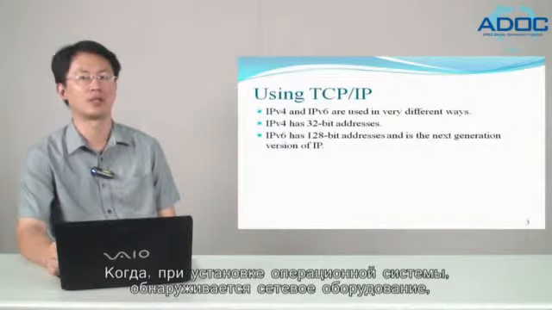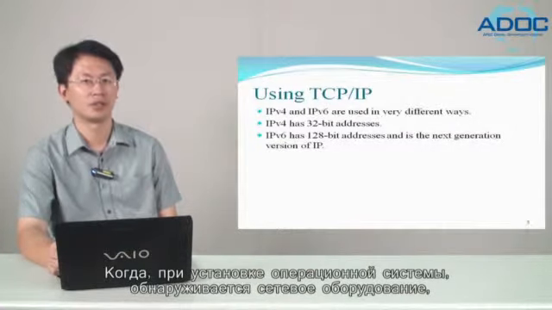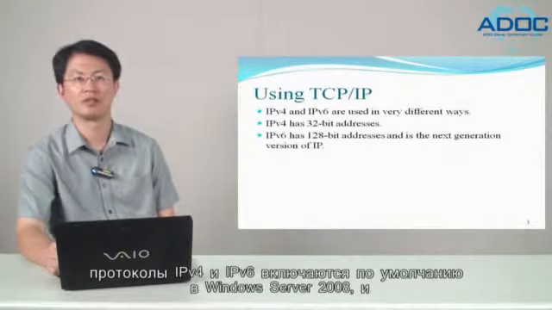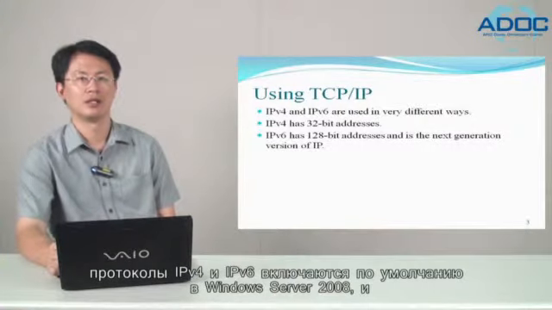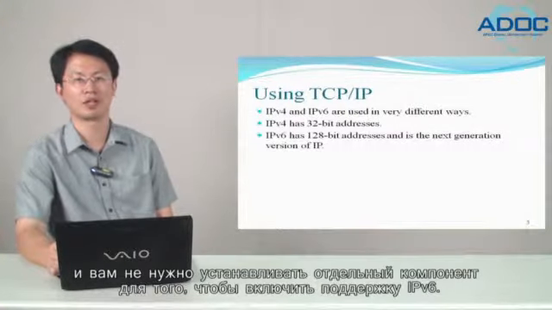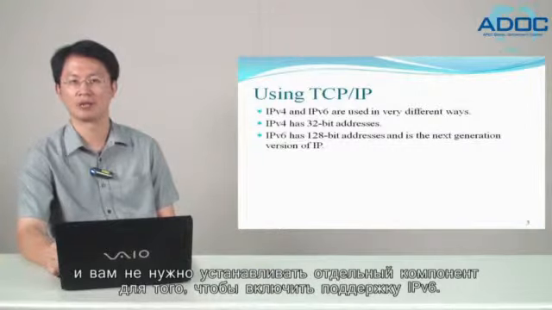When networking hardware is detected during installation of the operating system, both IPv4 and IPv6 are enabled by default in Windows Server 2008. And you don't need to install a separate component to enable support for IPv6.